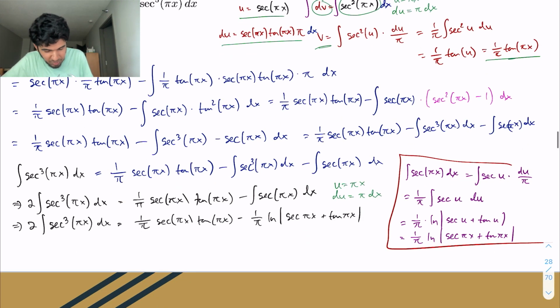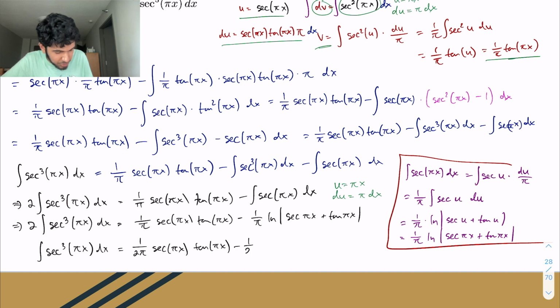And now finally we can solve for the integral of secant cubed of pi x dx by dividing both sides by 2: 1 over 2 pi secant of pi x tangent of pi x minus 1 over 2 pi ln absolute value secant pi x plus tangent pi x. Don't forget your plus c, as this is an indefinite integral.